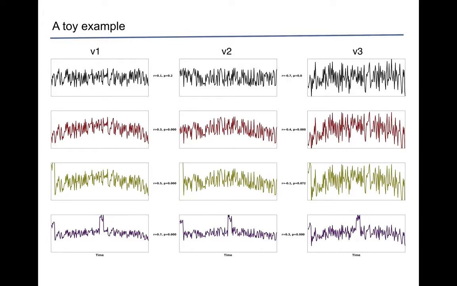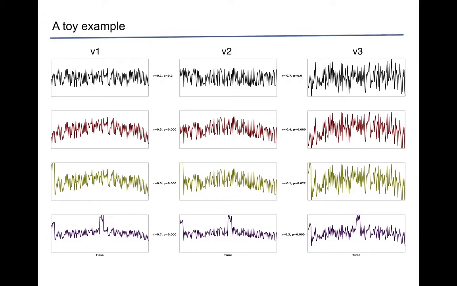So let me start with a toy example. I made this time series myself, and just assume that they are a time series from 3 random voxels in the brain, V1, V2, and V3. If you look at the first row, this is the original time series, and the relation between V1 and V2 is not significant at all. But between V2 and V3, there is a strong negative correlation, meaning that they go up and down in reverse order.